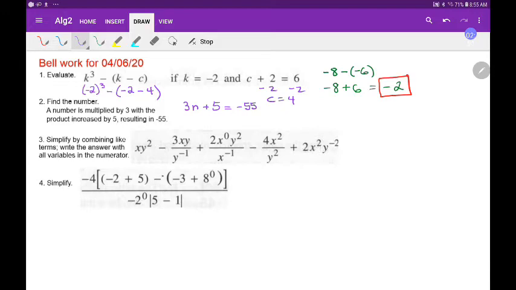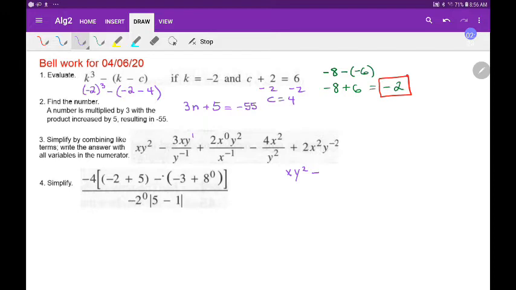Simplify by combining like terms. Write the answer with all variables in the numerator. Well, okay, we've got to simplify to see what's like and what's not. So the first one, we'll just leave that alone, xy squared. For the second term, which is going to be negative, we have y to the 1. Take away a negative.